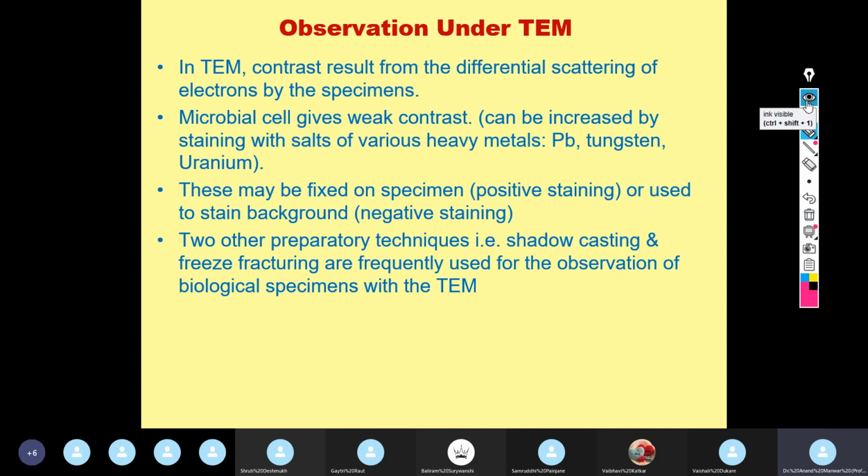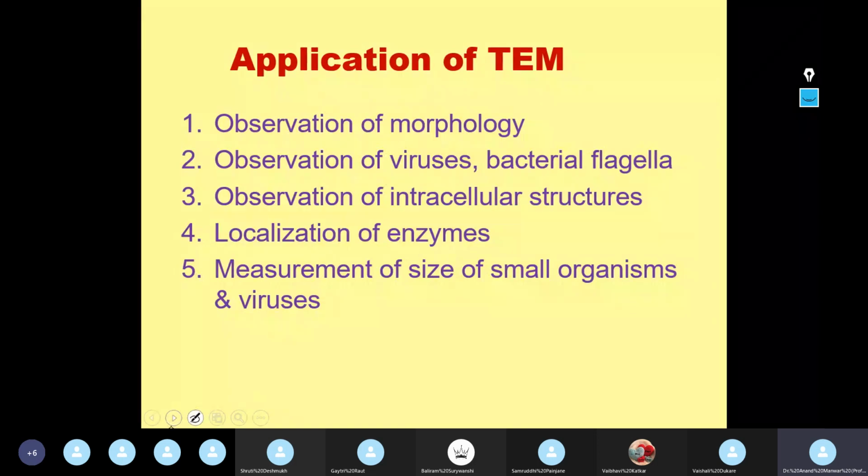Right, this is all with respect to transmission electron microscopy. As far as application is concerned, you can use transmission electron microscopy for observing those specimen samples which have a dimension less than 0.2 micron. Because up to 0.2 micron dimension, you can very easily observe them under light microscope, because the resolving limit of light microscope is 0.2 micron.